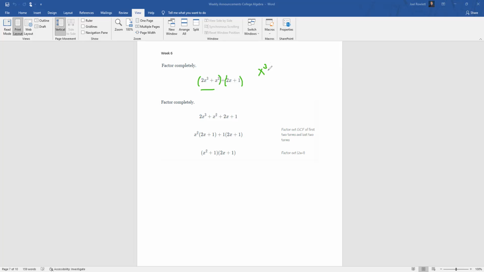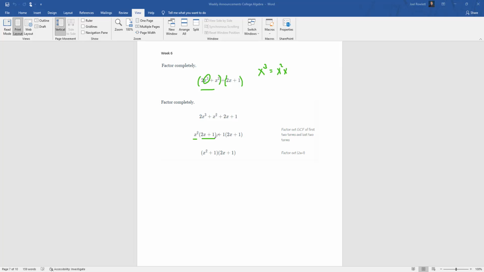For example, x cubed is technically just x squared times x. So even though it's not explicitly stated, we do know that there is an x squared hiding inside of this term here. As a result of that, I can factor x squared out of the first 2 terms, and that leaves me 2x plus 1 left over.